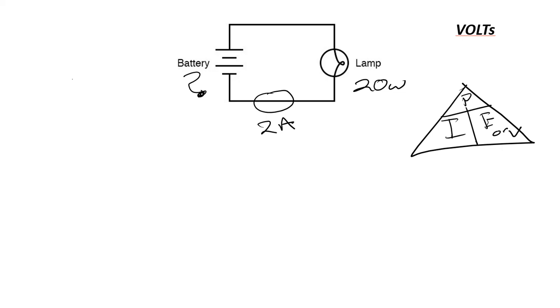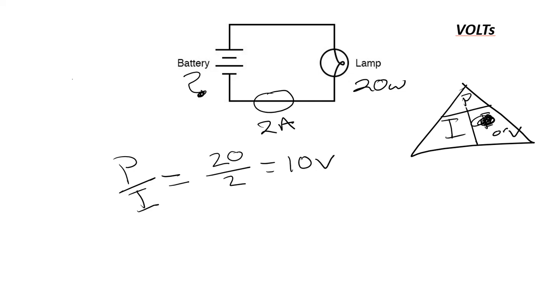I'm looking for what? I have my amps and I have my watts. I'm looking for my volts. So I put my finger over here. That gives me P divided by I equals, P is 20, I is 2. 20 divided by 2 is 10, and my answer is 10 volts.